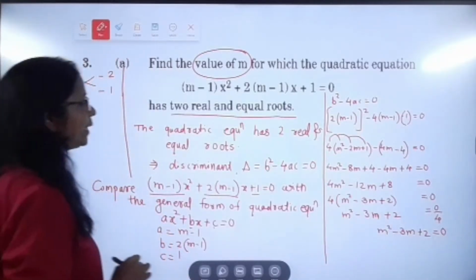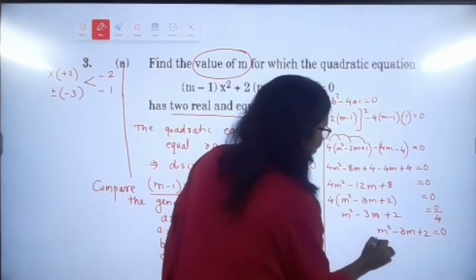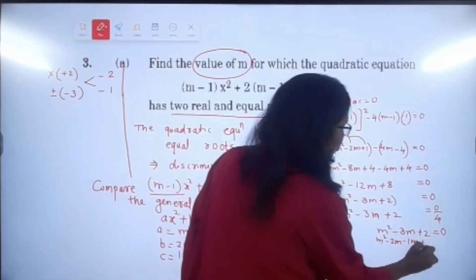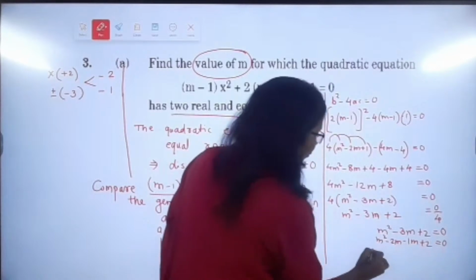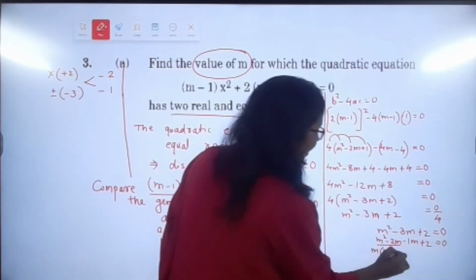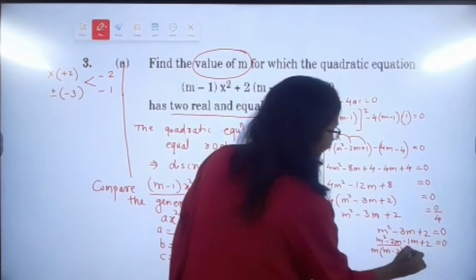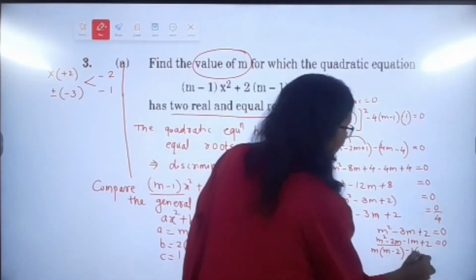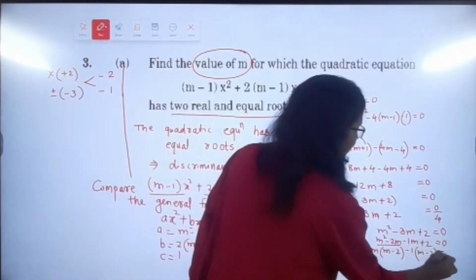So I write down, students, m square minus 2m minus 1m plus 2 is equal to 0. Common from these two terms m, so m in the first bracket m minus 2, and common from these two terms 1, so 1 in the bracket m minus 2 is equal to 0.